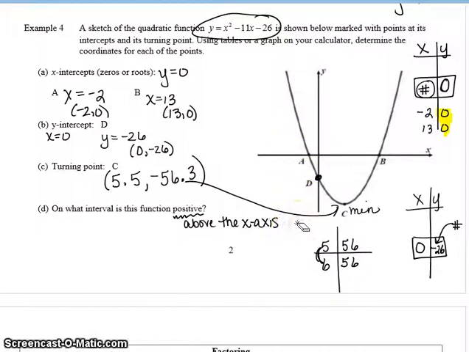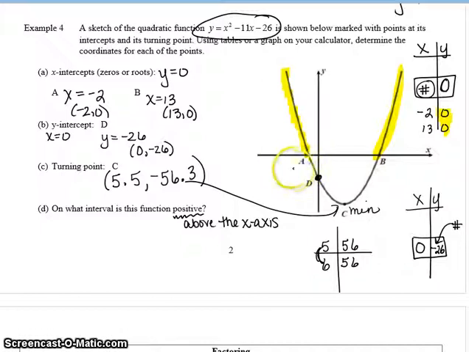If I look right here, this is where it is above the x-axis. So where I shaded in yellow is where it's above the x-axis.